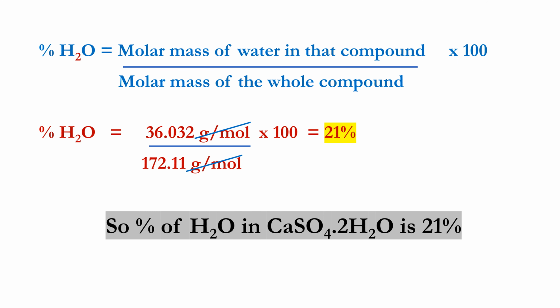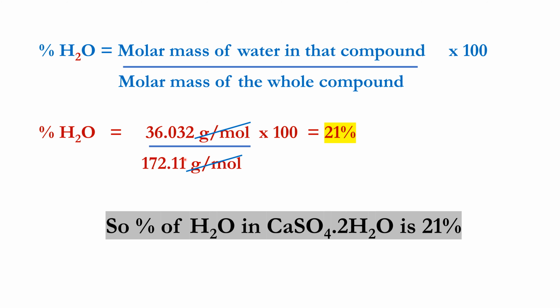The next thing then is to put the values that we have calculated into the formula. So percentage water will be equal to 36.032 gram, which we calculated for 2 molecules of water, divided by 172.11 gram per mole, which we calculated for the whole compound, including the 2 molecules of water, multiplied by 100.